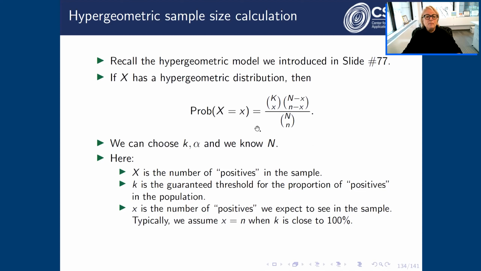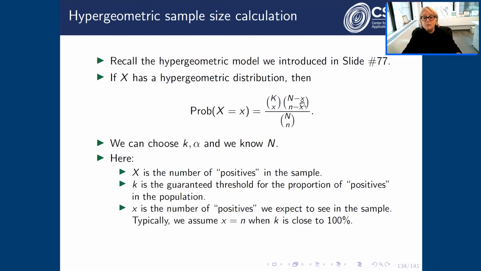We didn't talk about this, but if X here is my variable, the number of positives, has a hypergeometric distribution, what does that mean? It means that if I have the following information: the population size, big N, the number of positives in the population, that's K, or rather the proportion of positives in the population, and then here, this is the sample size, which is what I want.